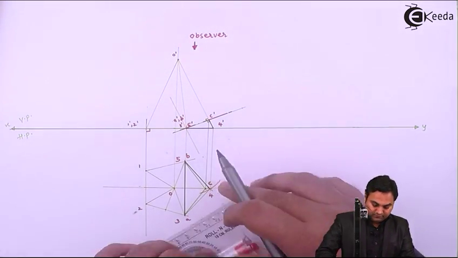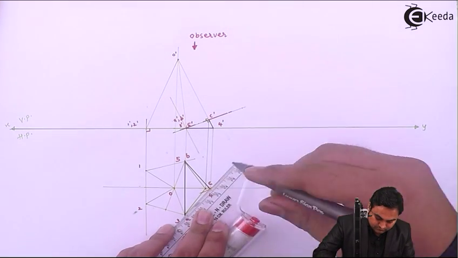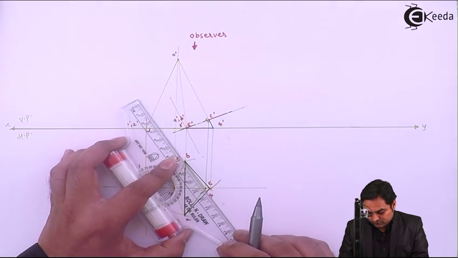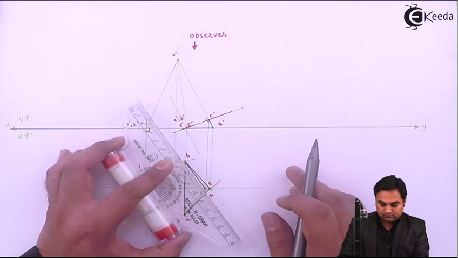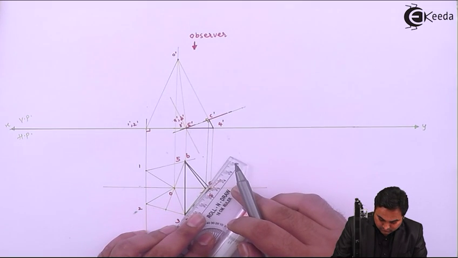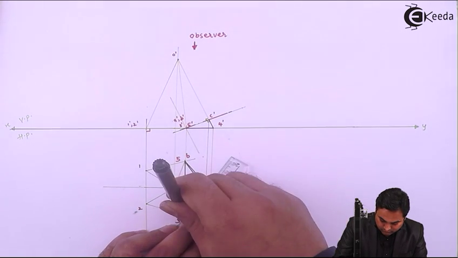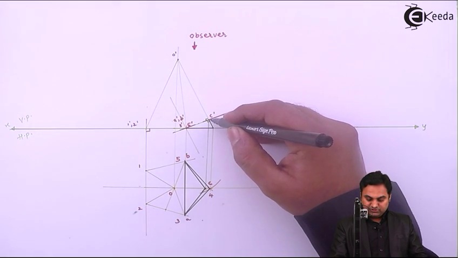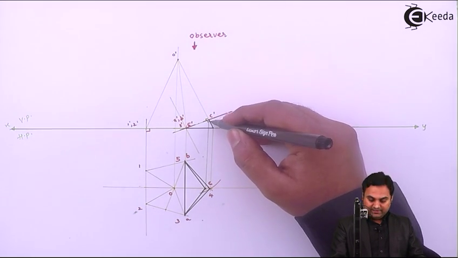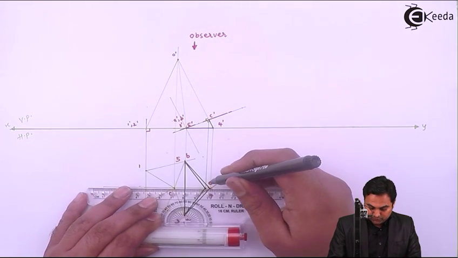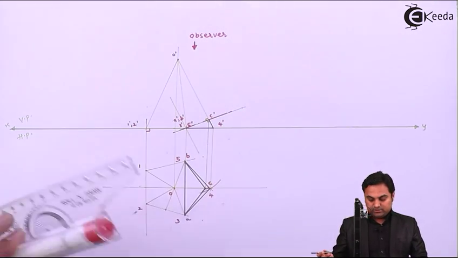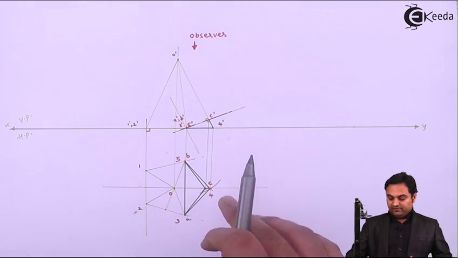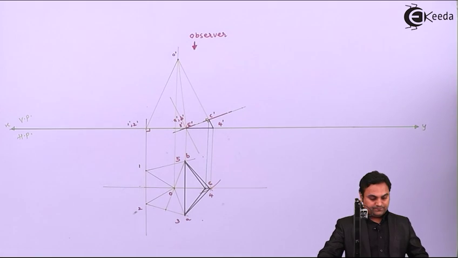Up to 4 it is visible. Then from 4 dash to C dash there is a line, so that this small portion will be made dark, connected. Next, only this much part is remaining. Here I will have to draw the section lines.